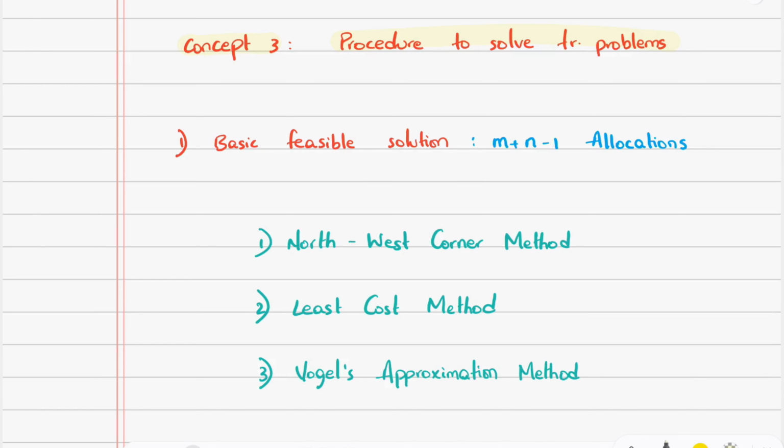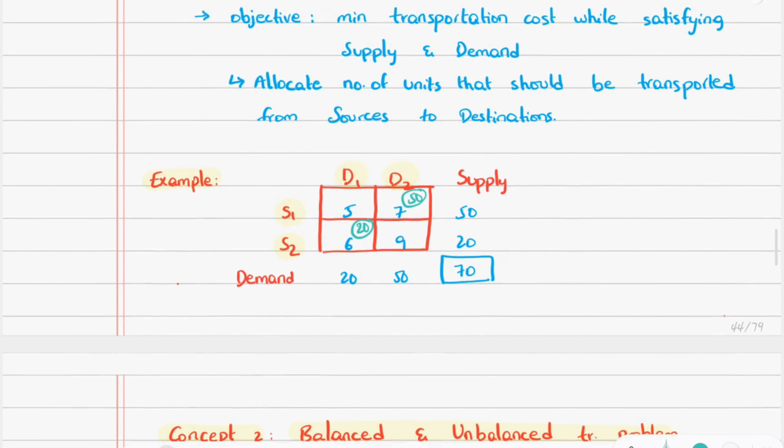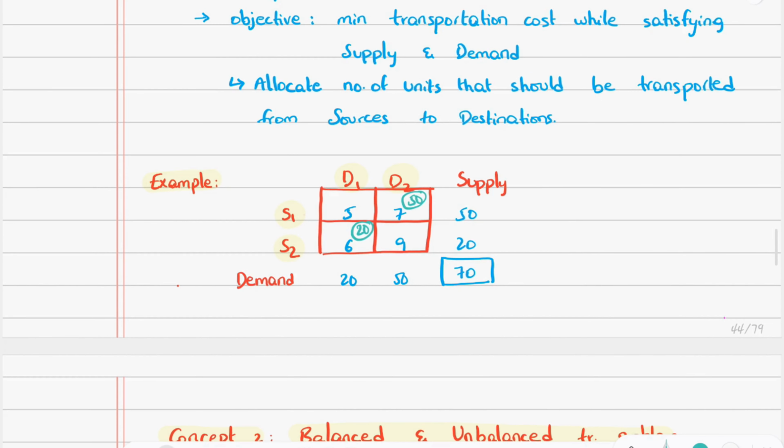The first step in this is to find a basic feasible solution. What is a basic feasible solution? A basic feasible solution should have m plus n minus 1 allocations. Here, m is the number of rows and n is the number of columns. If you remember our example that we talked about before, this was the example.